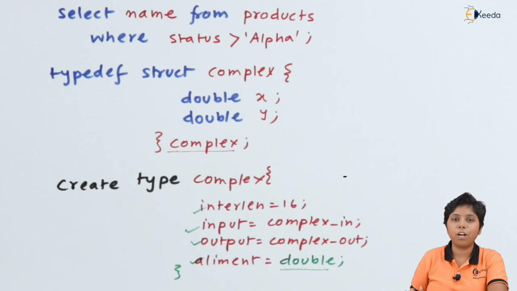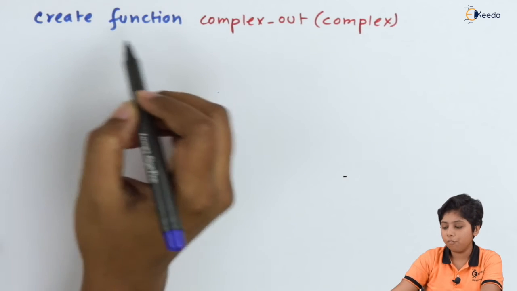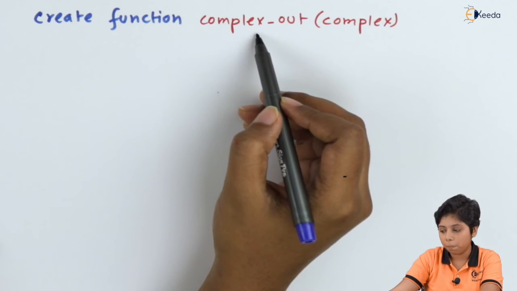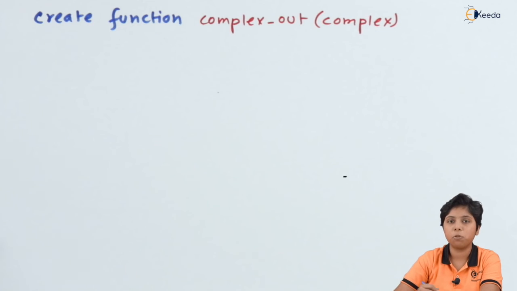Next is the use of a function that we will introduce inside PostgreSQL. Now we are creating a function using the create function statement, where the function name is complex_out and it uses the type complex that we have defined previously. Now returns is a function property that differs from a procedure: a procedure doesn't return, and a function can return or not.